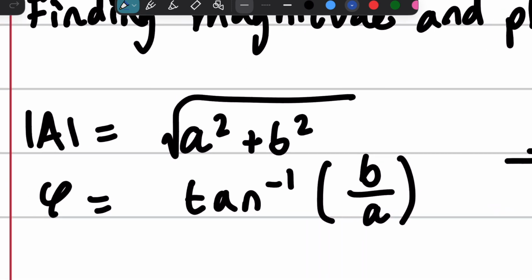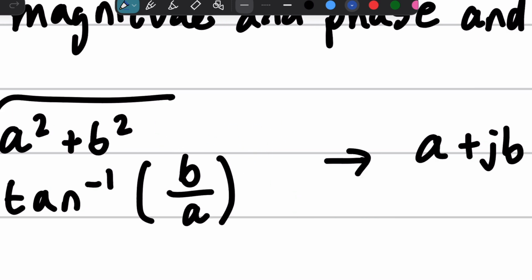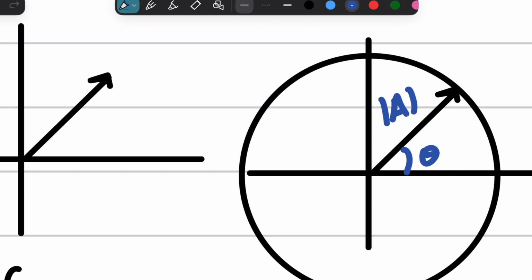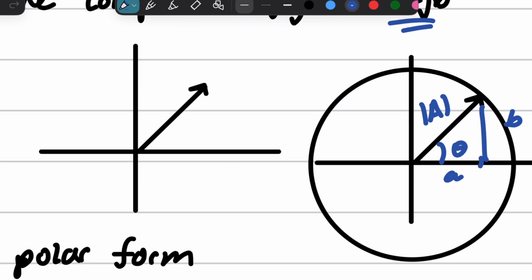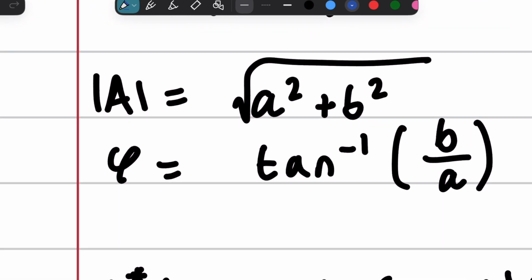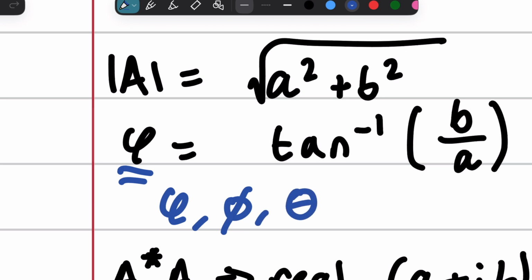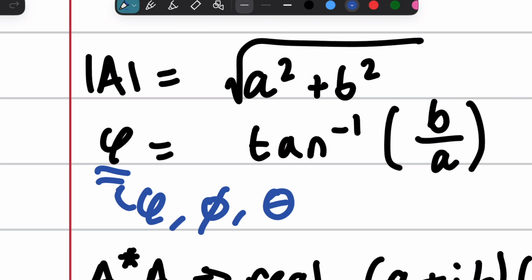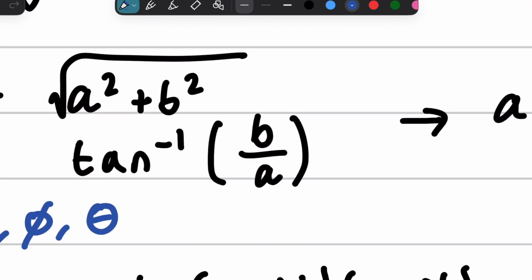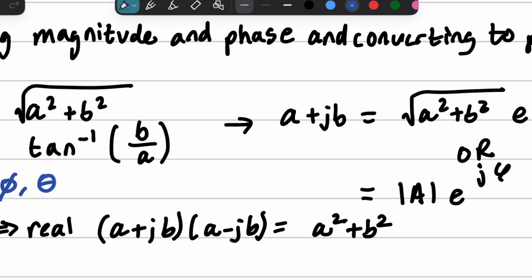And thankfully it's very easy to go from Cartesian to polar. You're just going to use the Pythagorean theorem for the magnitude, where this right here is A and this right here is B, okay? And then for theta, well, I used phi. These are interchangeable. Oftentimes you're going to see phi or theta represented here. And that's just going to be the arctangent of B over A.